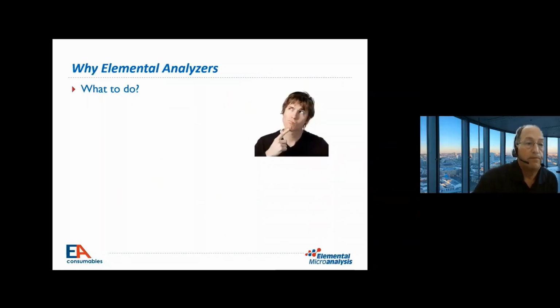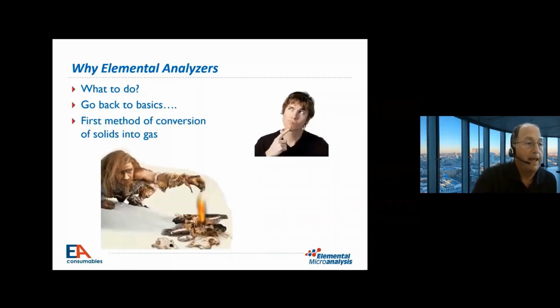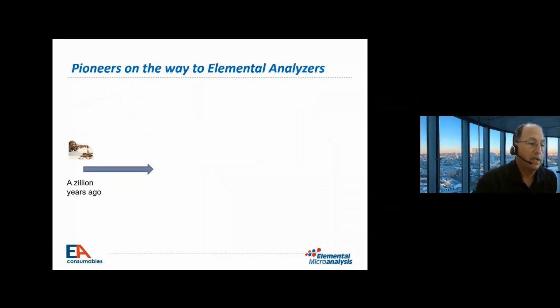So what to do? We first go back to basics. The first method of conversion of solids into gas was cavemen burning things up. If we look at the timeline of our way to the current elemental analyzers, we can start a zillion years ago with the cavemen burning things up.